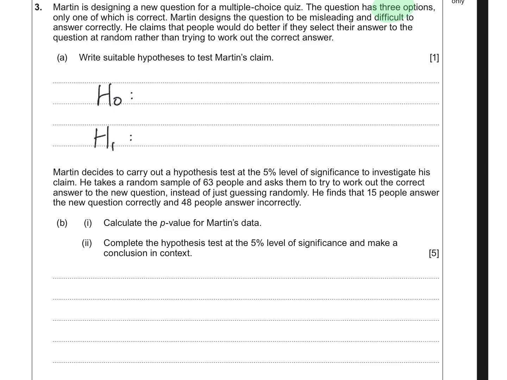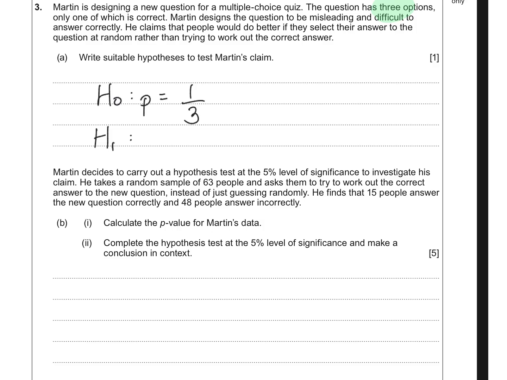Now you can write these as sentences if you want, but it's much quicker and easier, in my opinion, to write them as letters and numbers and statements with probabilities in. So the probability that somebody gets a question right, if there's a question with 3 options and they guess it, well, that's going to be 1/3.